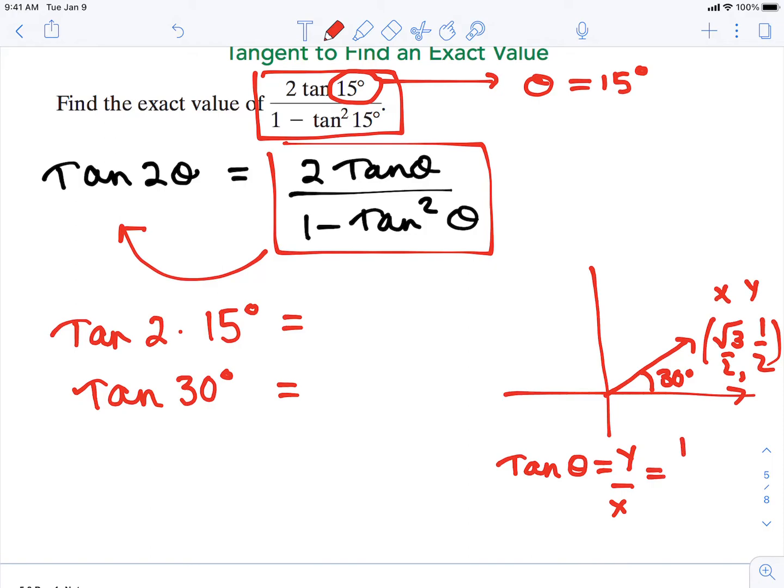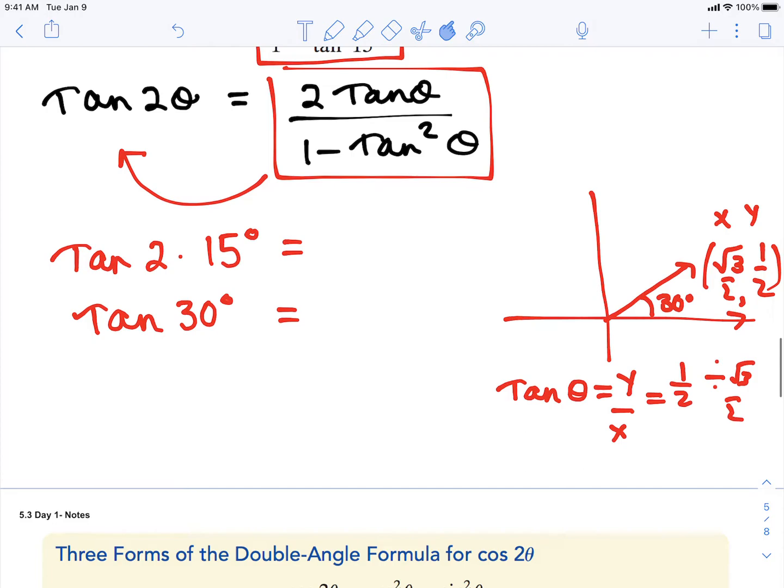So we're going to take 1/2 and divide it by square root of 3 over 2. So we have a single fraction dividing a single fraction, so we're going to keep, change, flip. We'll keep the 1/2, change it to multiplication, and then flip it. What happens is the 2's are going to cancel out. Those are common factors. They'll become 1.